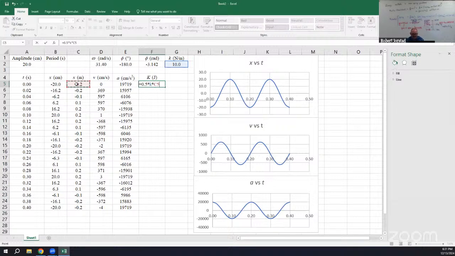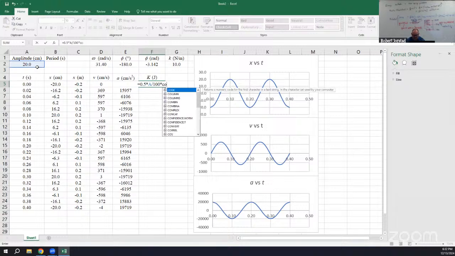Now in this case, I could also use 0.5 star the amplitude, which was A. I'd have to divide it by 100 to convert the units from centimeters to meters, times X, let's see, times what was it?